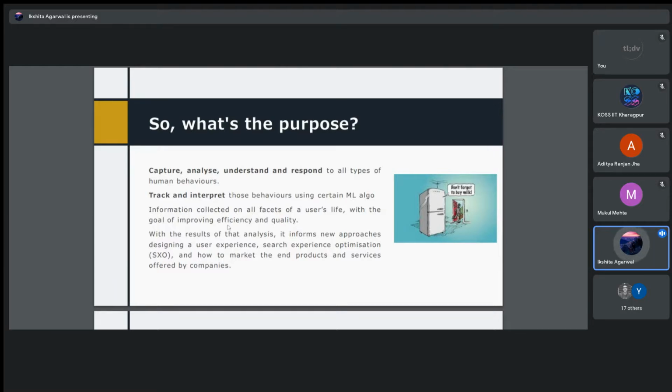This information is collected on all facets of users' lives, to help improve customer services and the quality and efficiency of products. The result of this analysis informs new approaches, designing a user experience, search experience optimization, and how to market the end products and services offered by companies.